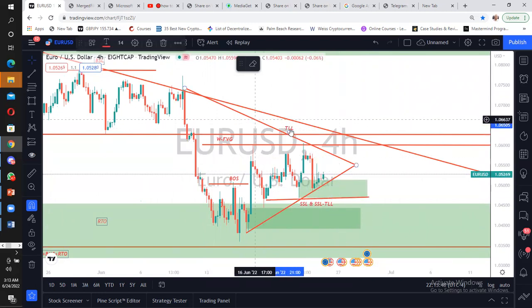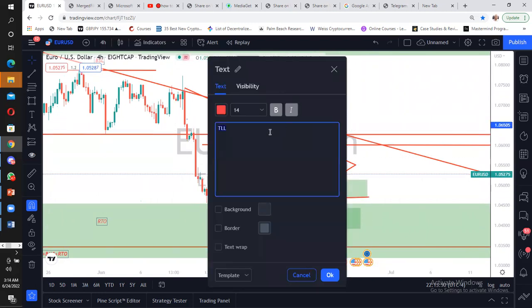Here we'll have buy stop trend line liquidity.